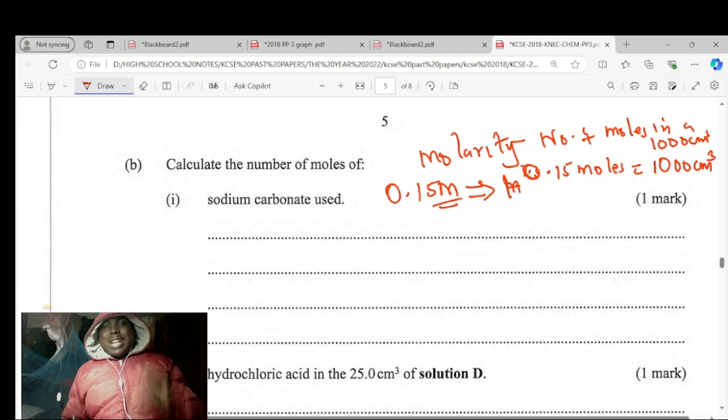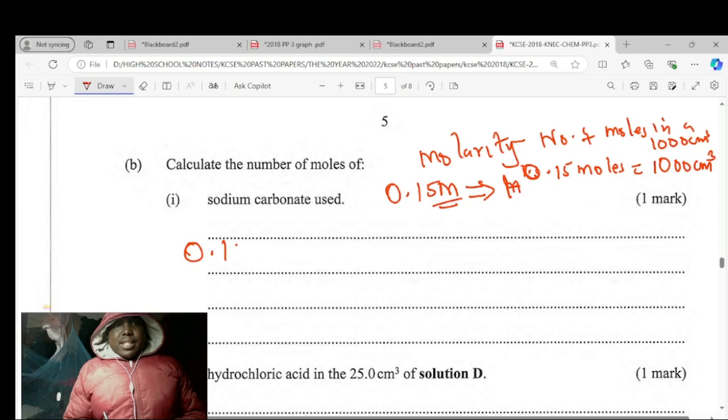So here we were given 0.15 moles contained in 1000 centimeters cube. We will find out the volume of sodium carbonate solution C used, which is 23.5, our average.